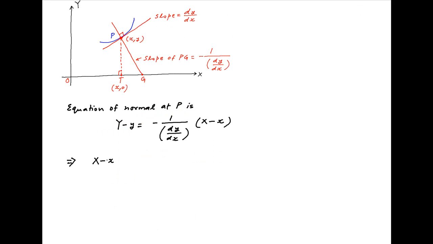This can be written as capital X minus small x plus dy upon dx times, in brackets, capital Y minus small y is equal to 0.